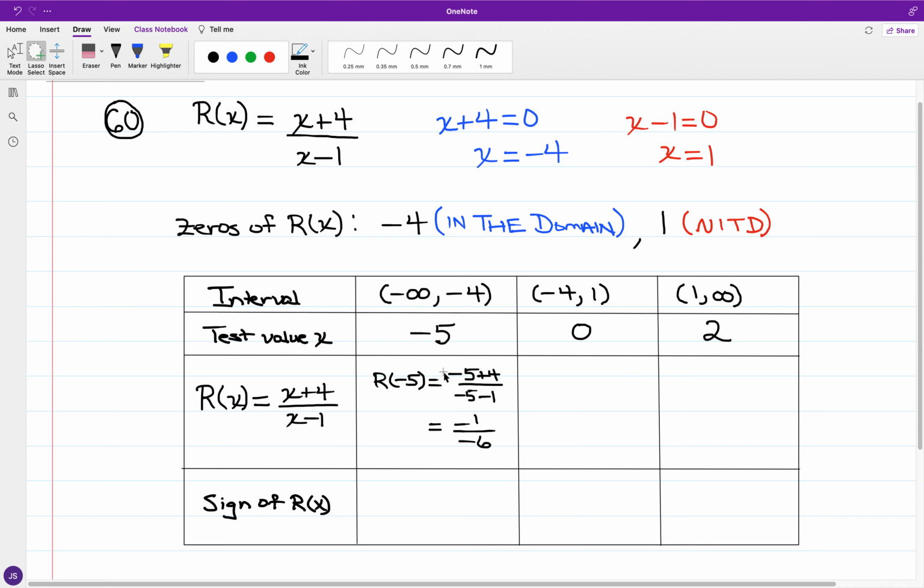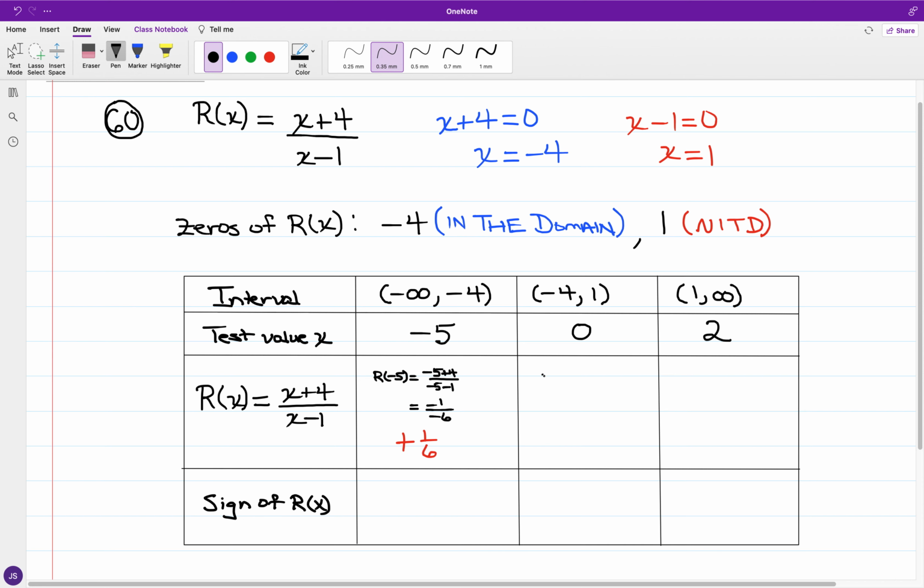A negative over a negative reverts to a positive. So with x at -5, the corresponding function value is positive 1/6.